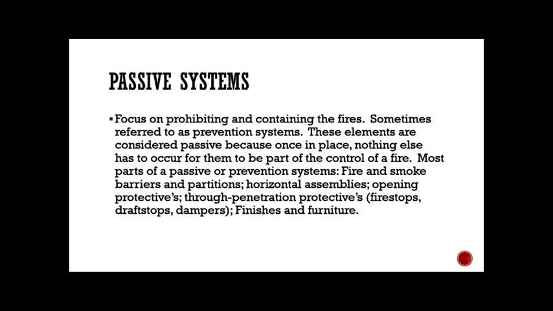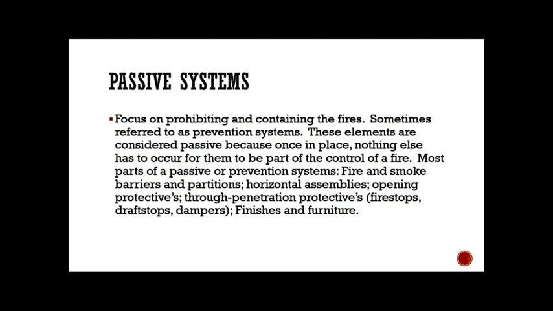Right, so passive systems, remember, focus on prohibiting and containing the fires, and are referred to as prevention systems. These elements are considered passive because once in place, nothing else has to occur for them to be a part of controlling the fire. Parts of a passive system are fire and smoke barriers.